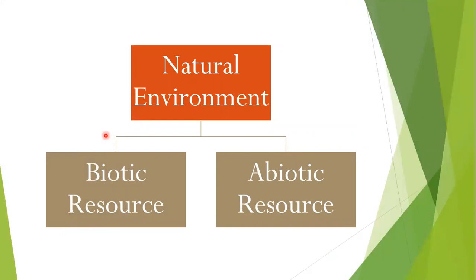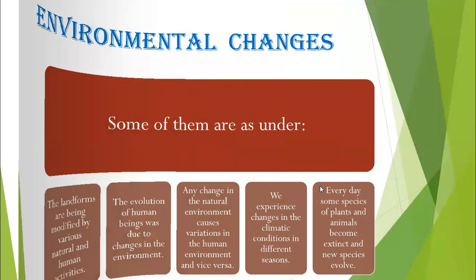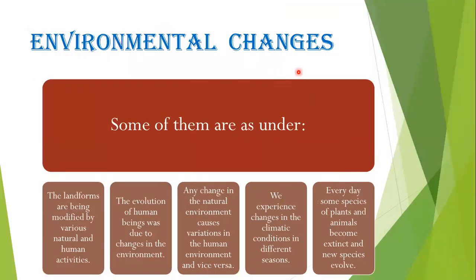Natural environment. There are also two parts, biotic resources and abiotic resources. Environmental changes. Some of them are as under. The landforms are being modified by various natural and human activities. The evolution of human beings was due to the change in the environment.